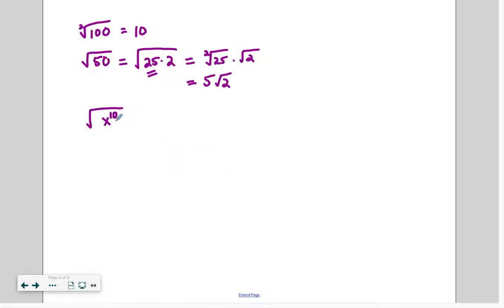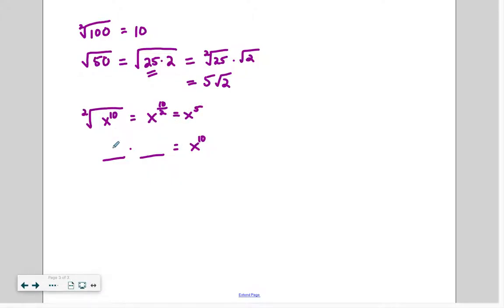So the square root of x to the 10th asks: what number multiplied 2 times is x to the 10th? By that I mean some number times some number gives us x to the 10th. You can just use that rule from before. This is x to the 10 divided by 2. You just divide the index, and you're going to get x to the 5th.